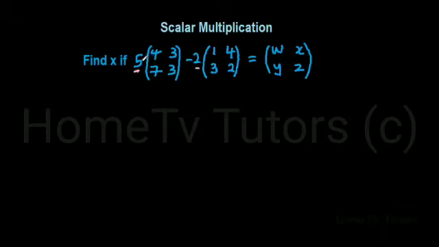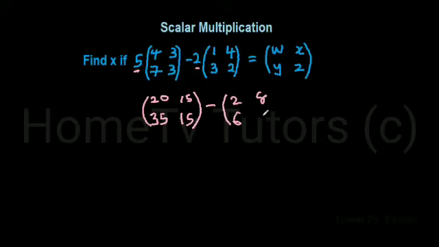So 5 times 4 will give us 20, 5 times 3 will give us 15, 5 times 7 will give us 35, 5 times 3 will give us 15, minus, then we go to the next matrix. So 2 times 1 is 2, 2 times 4 is 8, 2 times 3 we have 6, then 2 times 2, which is 4. Which is equal to the matrix [w y; x z].